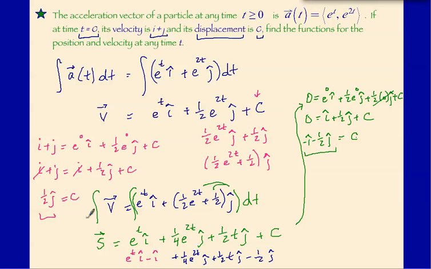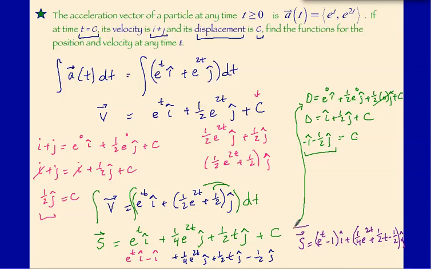Now my final position function can be written like this. I think I should end with purple. I'm going to have s position is equal to, we'll put in parentheses, e to the t minus 1 i hat, and then plus, and again all of this could probably be combined a little bit better, 1/4 e to the 2t plus 1/2 t minus 1/2 j hat right there.